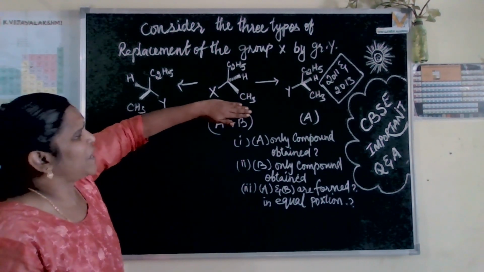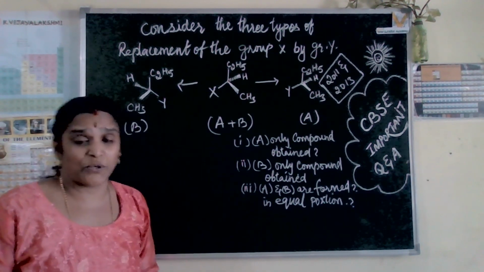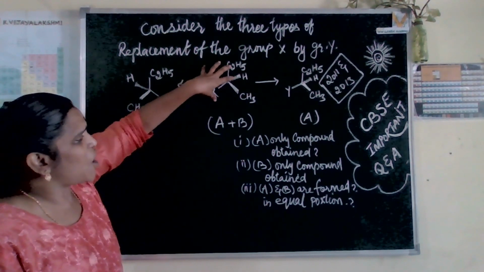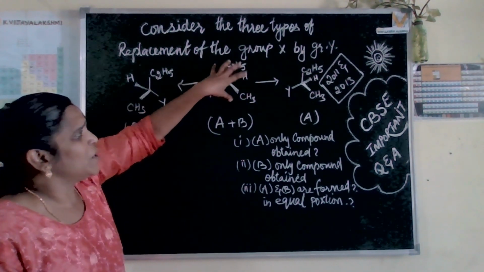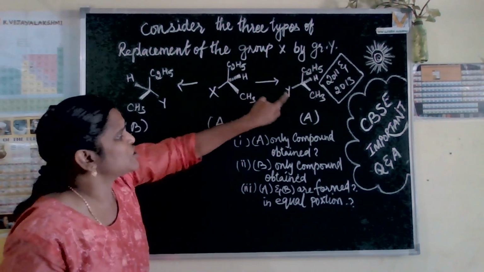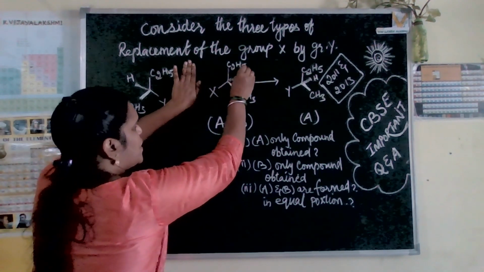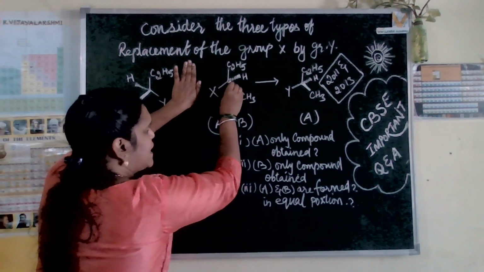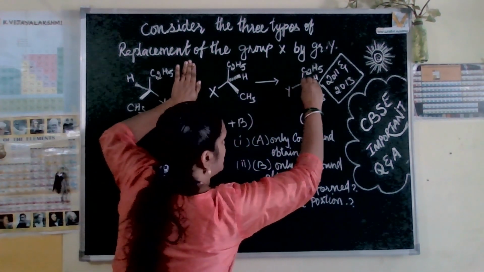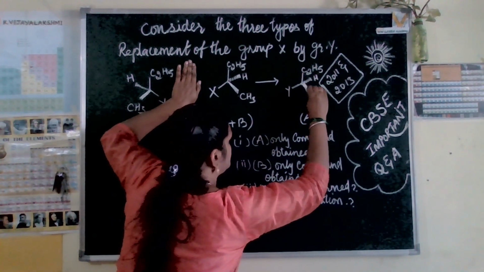See, as you are looking at the wedged line and dashed line, you have already gone through those points in grade 11. So as you are looking at this compound, it is the same structure, there is no change. Now see here C2H5, here CH3, this side wedged, this side dashed, and the same way here also the same wedged side and dashed side.